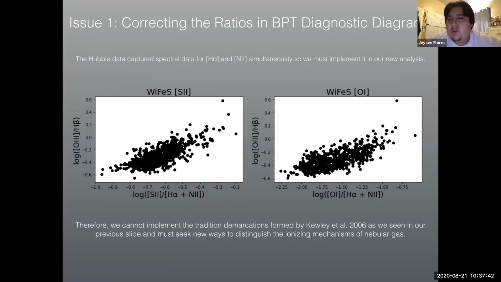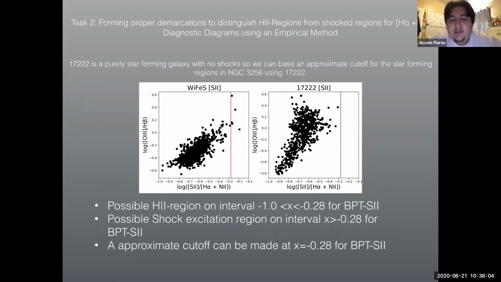You can see there are more points as opposed to the previous plots. So we cannot use the demarcations formed by Kewley in 2006 to distinguish the ionizing mechanisms of the nebular gas of this galaxy. We must seek new ways to make cutoffs for these nebular gas demarcations.